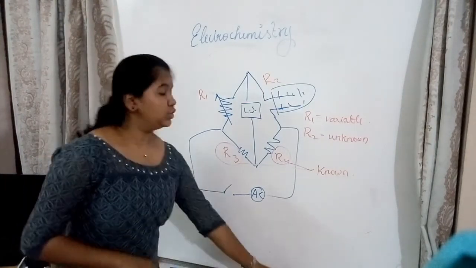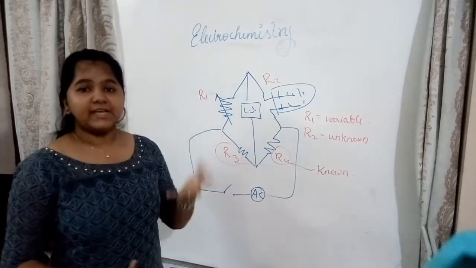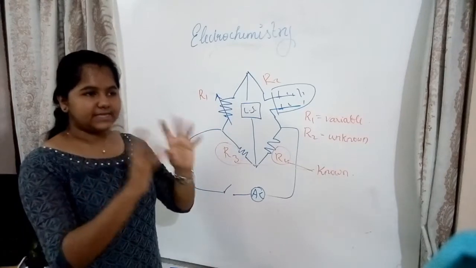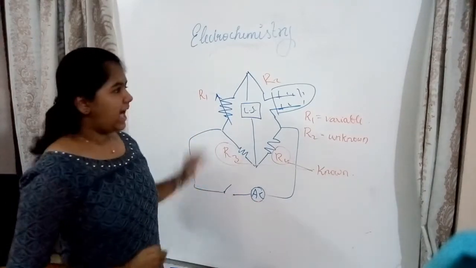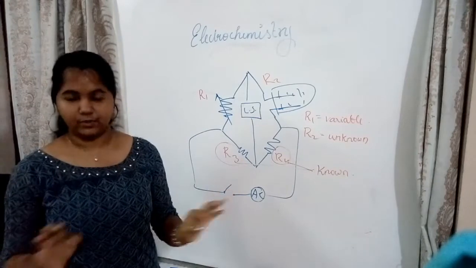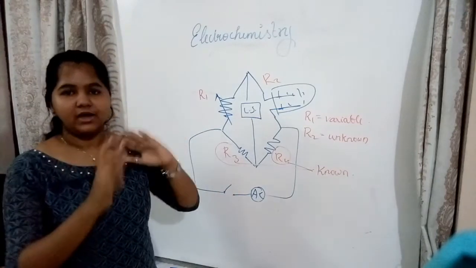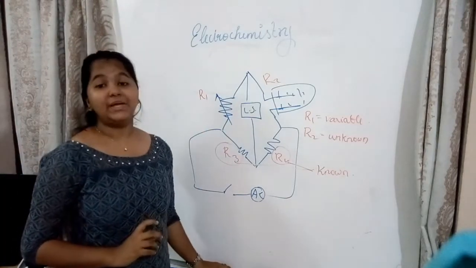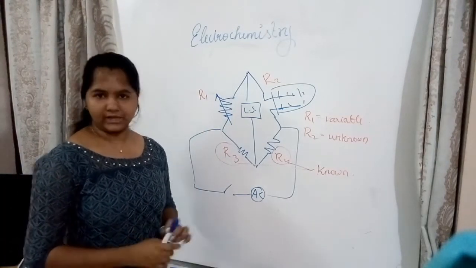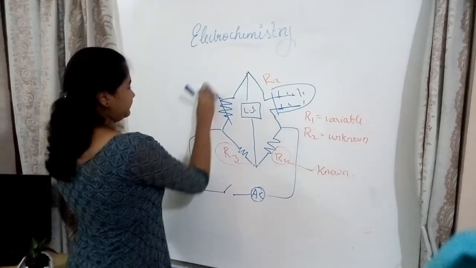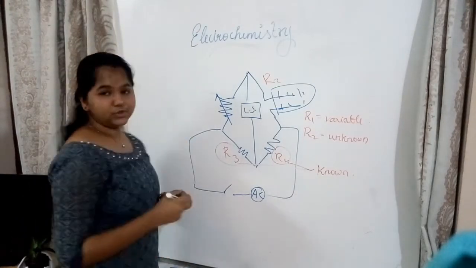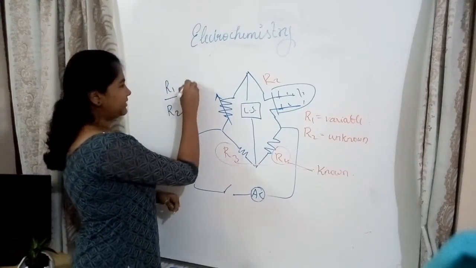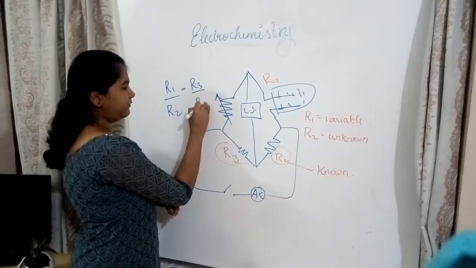So now let's see how you determine this. Now comes the significance of the null point. What is a null point? Null point is when the current flows and this loudspeaker makes no sound. There is no variation in the sound. So that is a null point. When the null point comes, the Wheatstone's bridge equation comes into practice. We know it is R1 by R2 is equal to R3 by R4.